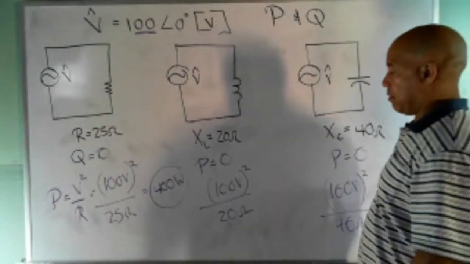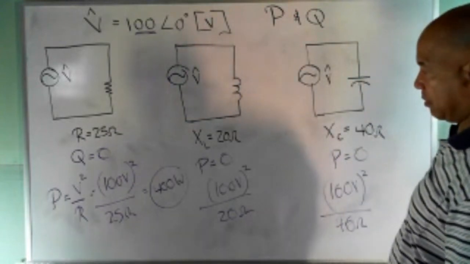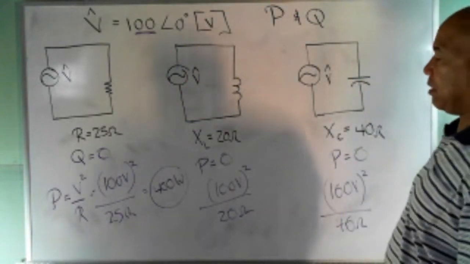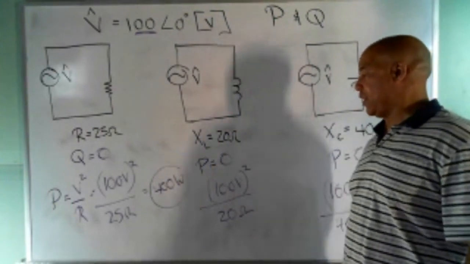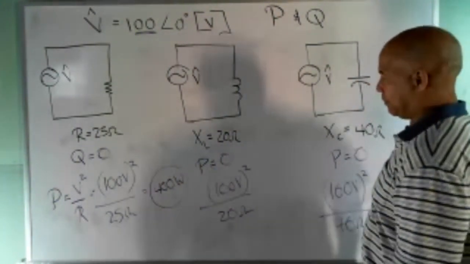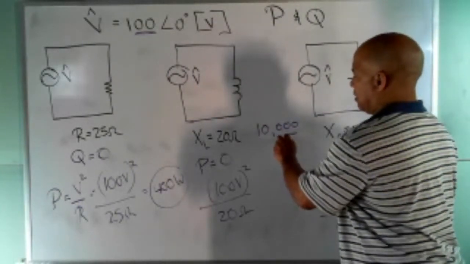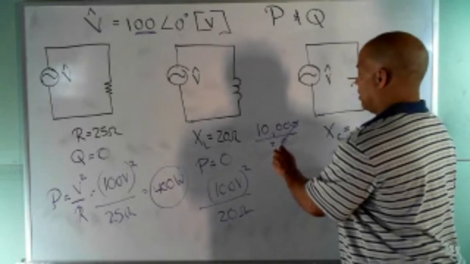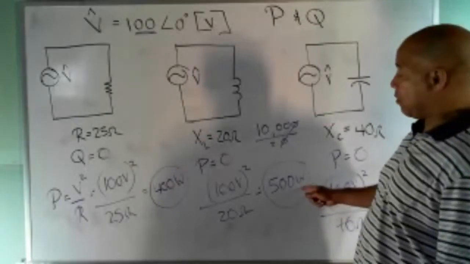Over here, now we got, is that 800? No, it wouldn't be 800. I don't know how I'm thinking about this. We got 100 squared on 20, is that 10,000 on 20? Is it 500? Yeah. Oh, that's wrong, isn't it? It's not 500 watts.